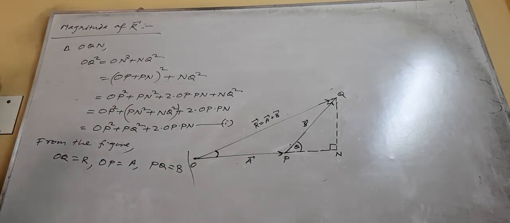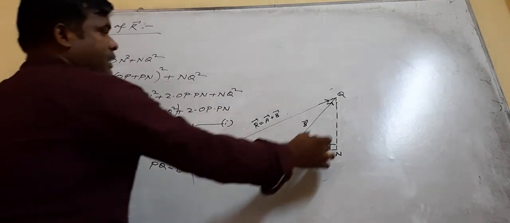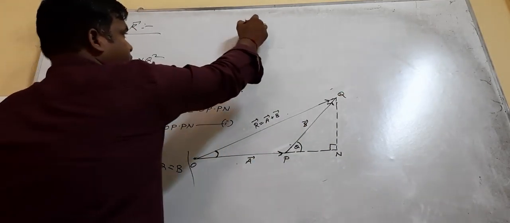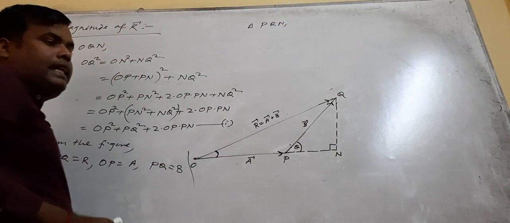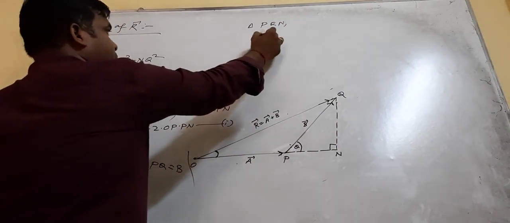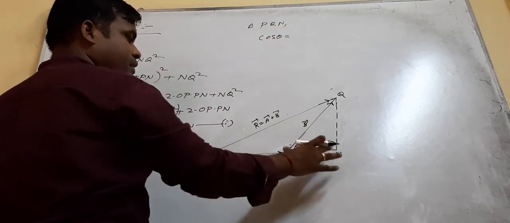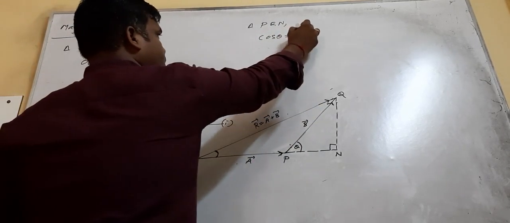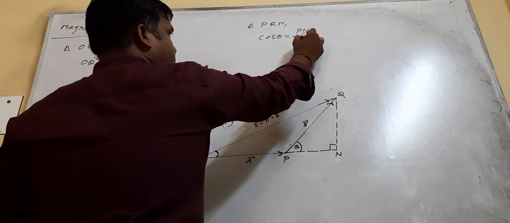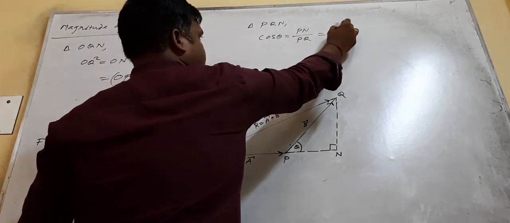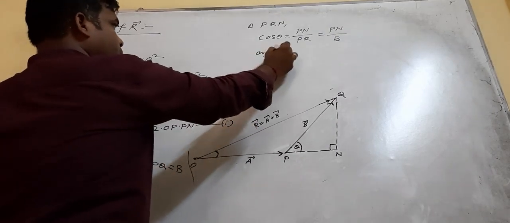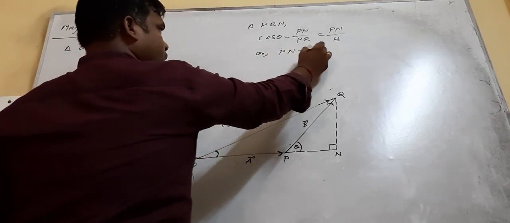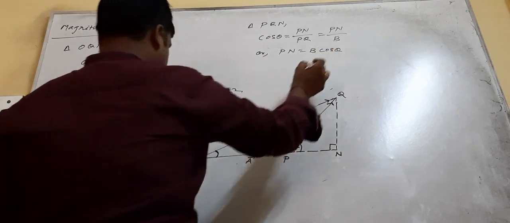So now you take this triangle PQN. You see PQN is a right angle triangle. If you apply cos theta, that is PN by PQ, that equals PN by B, or PN equals B cos theta.